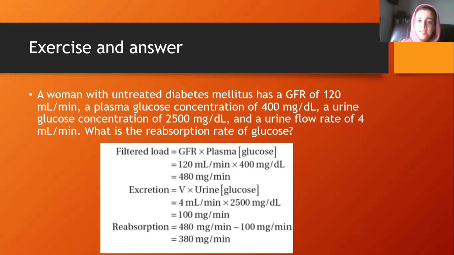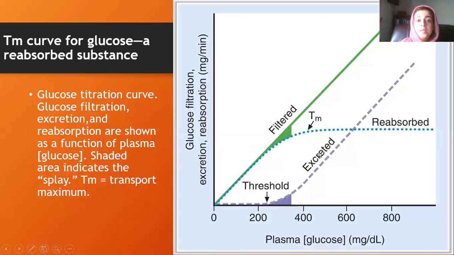But on the other hand, reabsorption can take place, and in that case, excretion will be less as compared to glomerular filtration. And that is the explanation here. So we calculate reabsorption by 480 milligram per minute minus 100 milligram per minute, and we come to know that 380 milligram of glucose is being reabsorbed by the nephrons per minute. So this is a practical example which shows us how the nephron handles glucose and a substance like glucose.